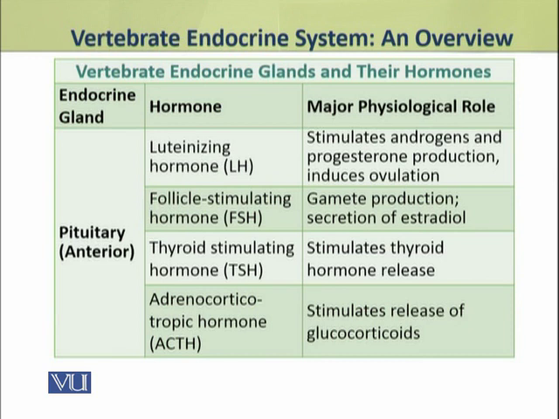The third hormone is the thyroid stimulating hormone TSH, also called thyrotropin. It stimulates the thyroid gland to produce its hormone. The fourth hormone is the adrenocorticotropic hormone or ACTH that stimulates the release of corticosteroids from the adrenal cortex.